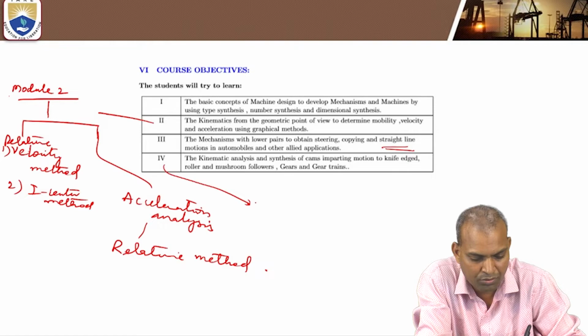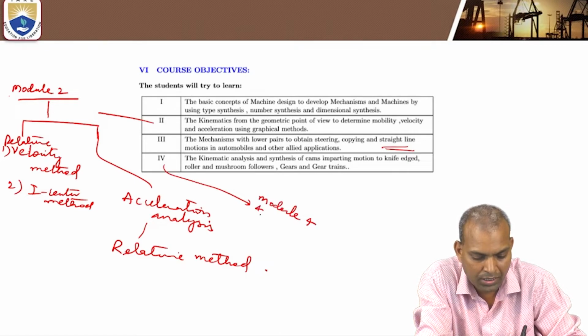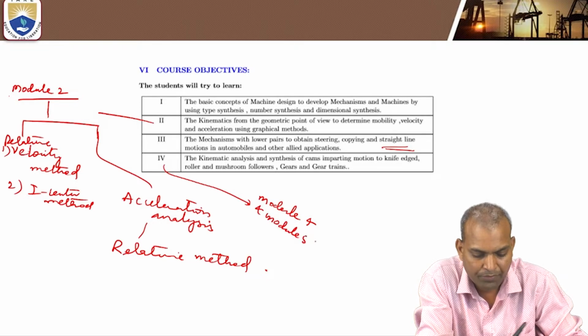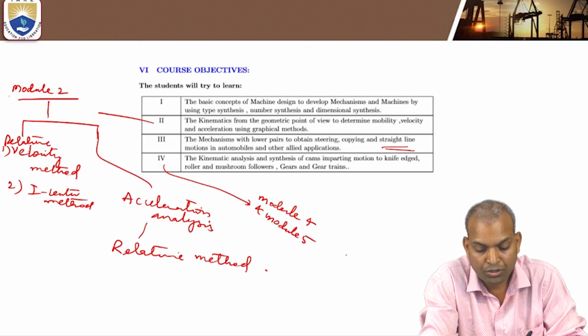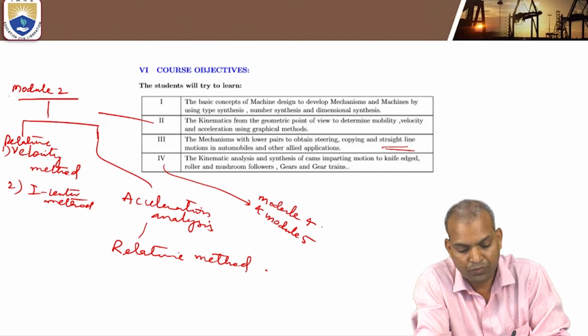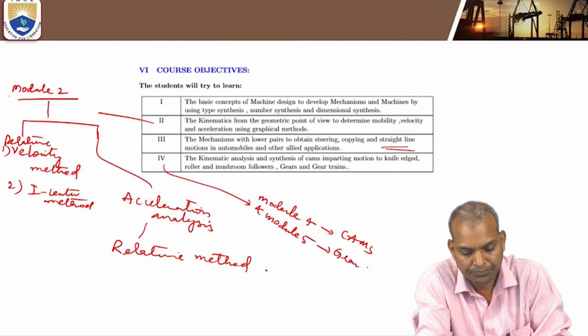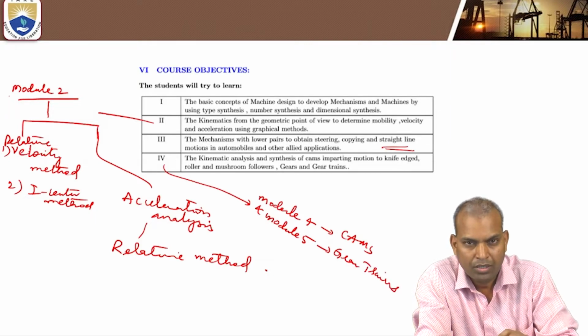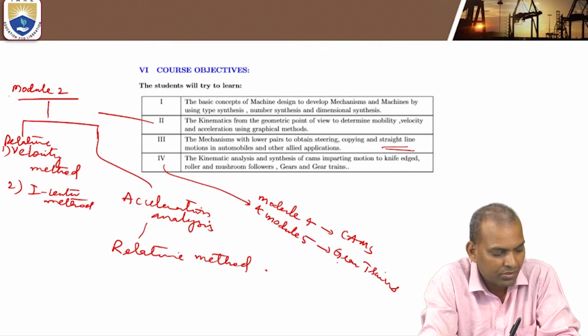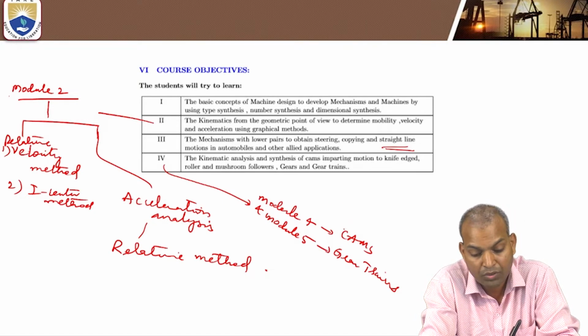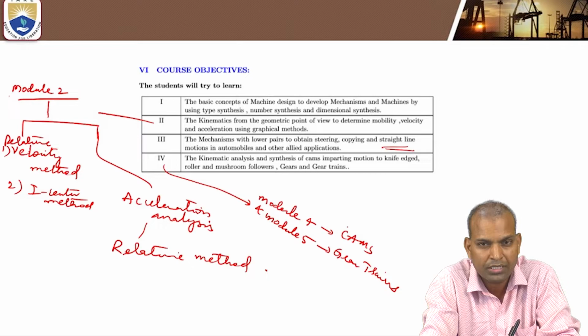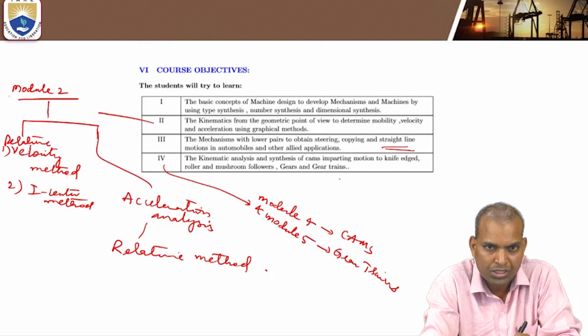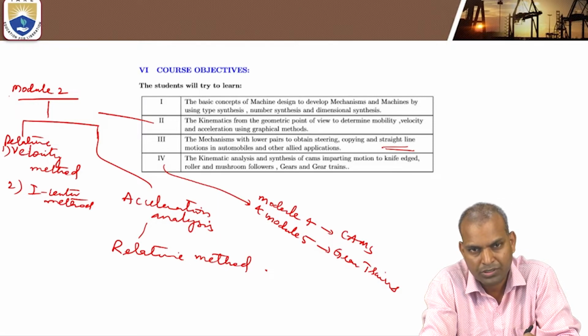The fourth objective is related to module 4 and module 5. Module 4 means cams, and module 5 is gear trains. In cams, we study how to draw the cam profiles under various types of motions and various types of followers.